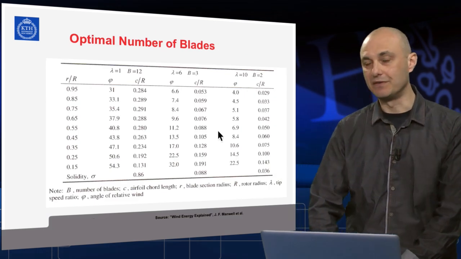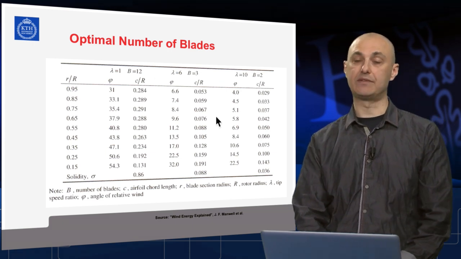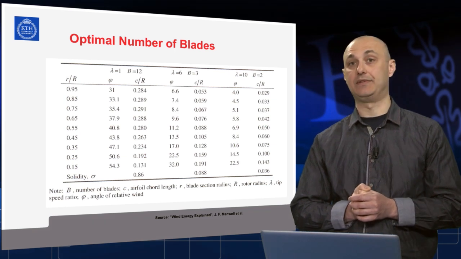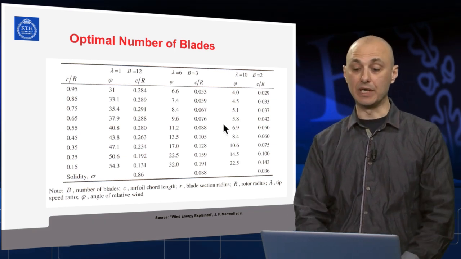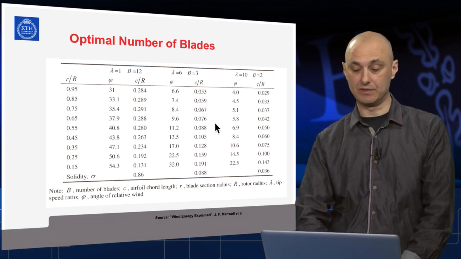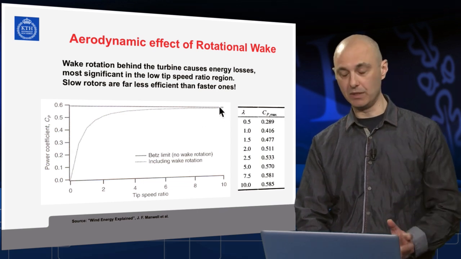This results in defining the optimum number of blades, taking into account the solidity of the rotor, and knowing that fast-going, few-bladed rotors are inherently more efficient. Now we managed to prove actually that the fast-rotating rotors will be more efficient.